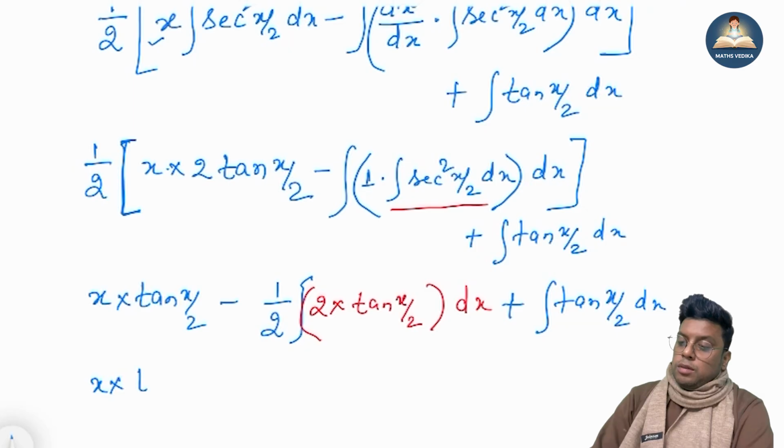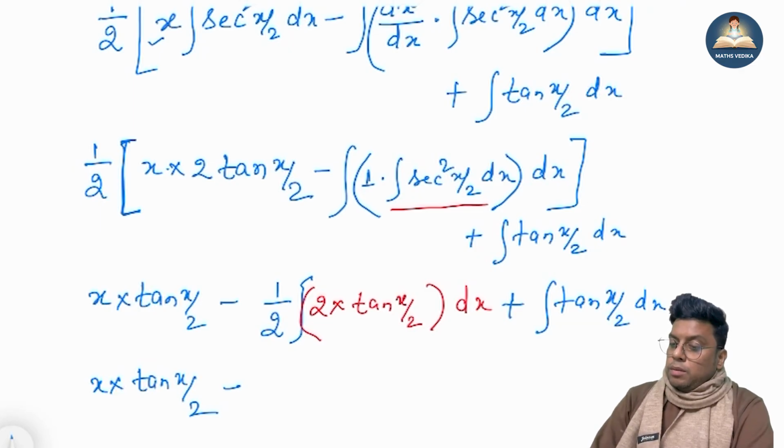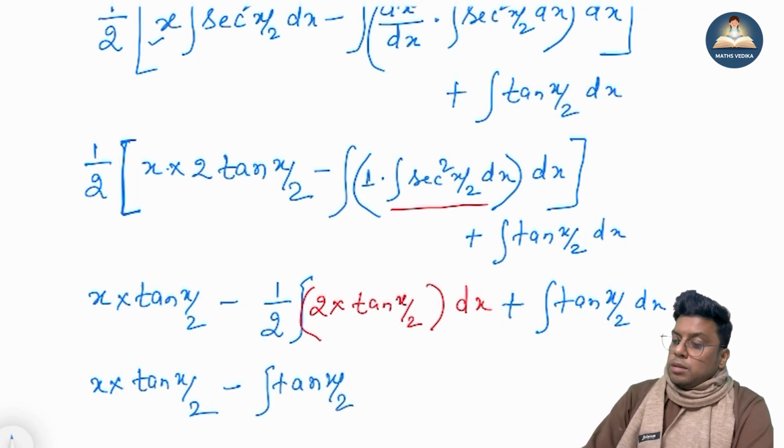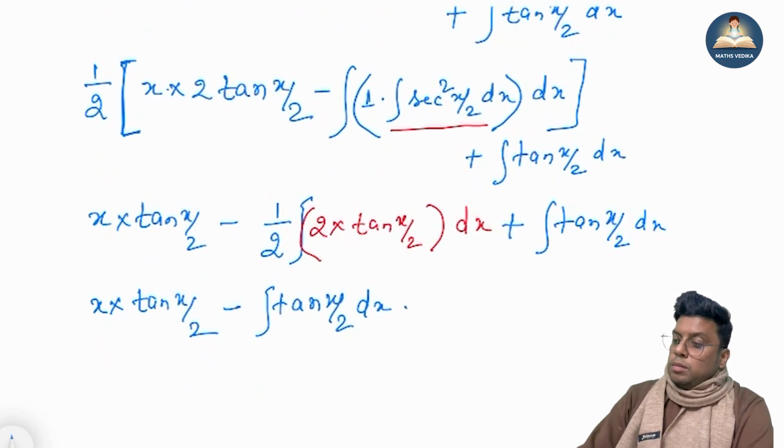Now x into tan (x/2), now we'll multiply 1 by 2 by 2, so the 2 will be cancelled out, and we'll be left with the integration of tan (x/2) dx plus the integration of tan (x/2) dx.